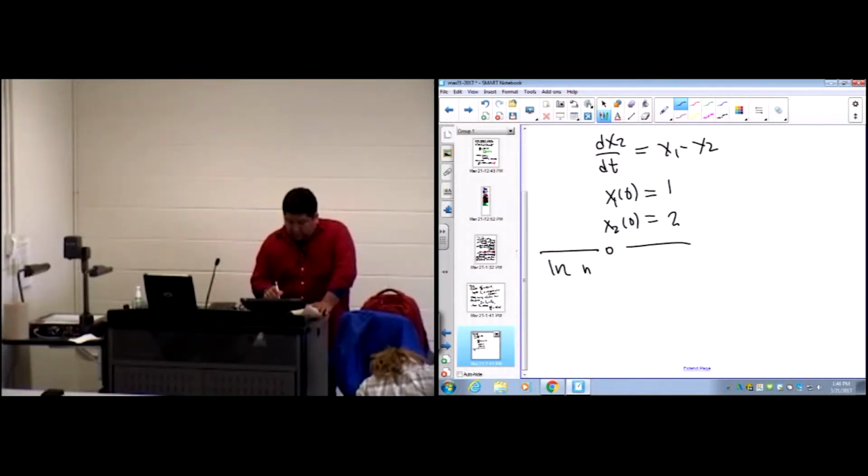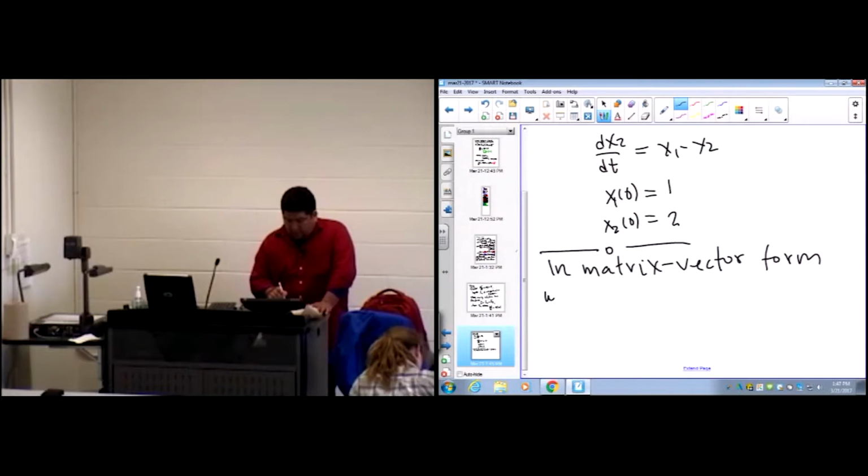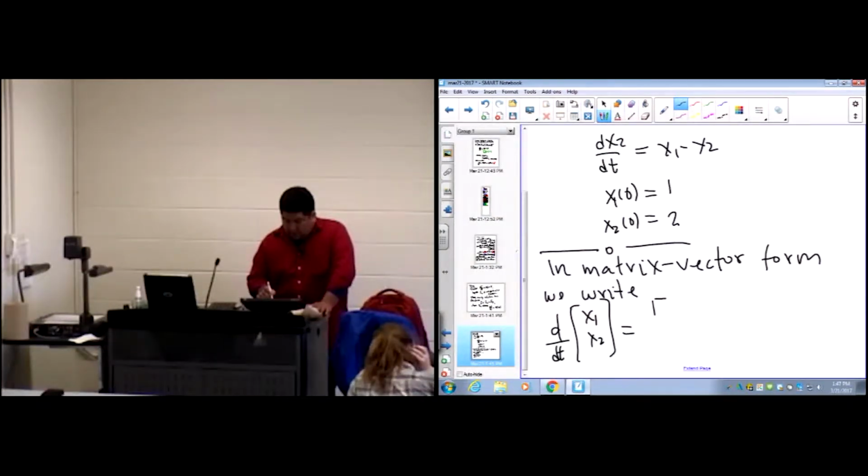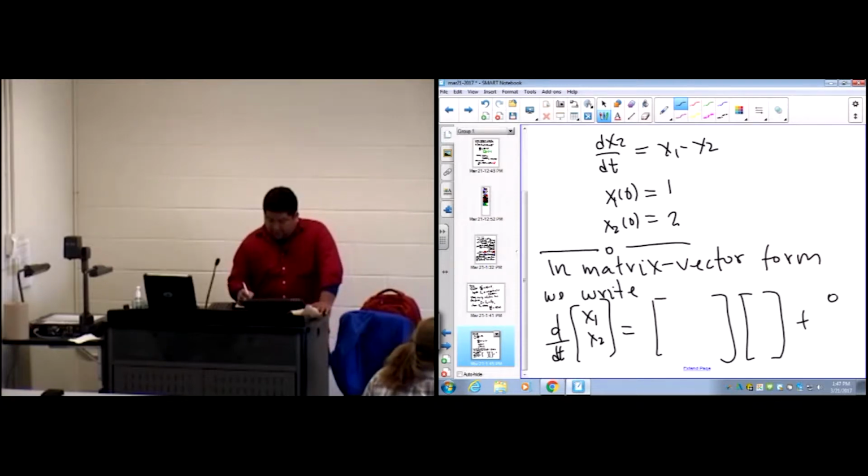So here the first equation is 1x1 plus 0x2, so we can write a matrix with first row 1, 0. And the second equation is 1x1 minus 1x2, so the second row has entries 1, minus 1.